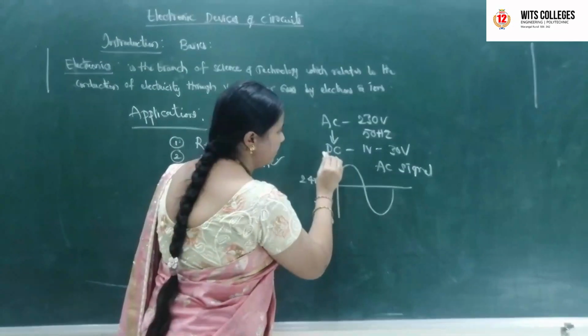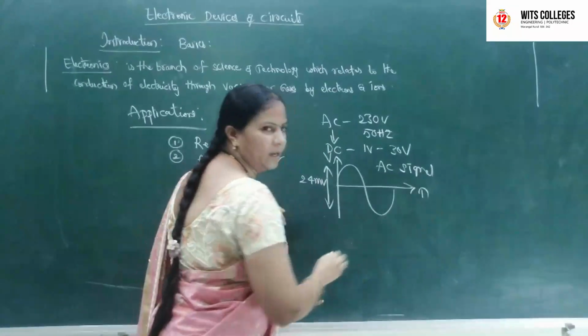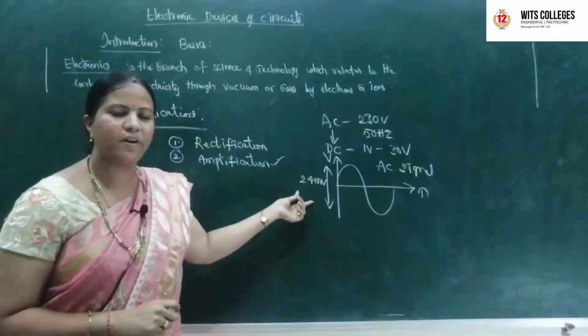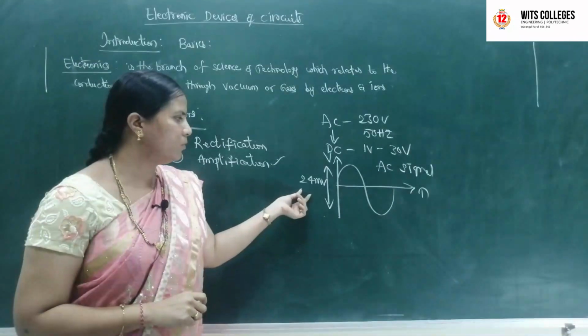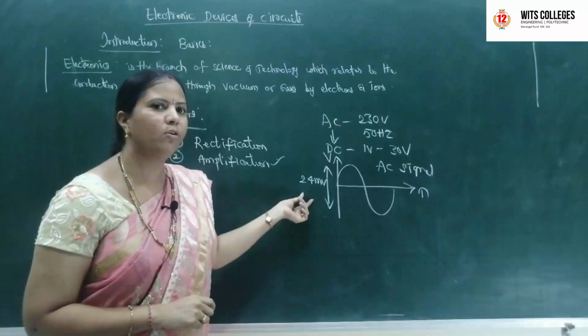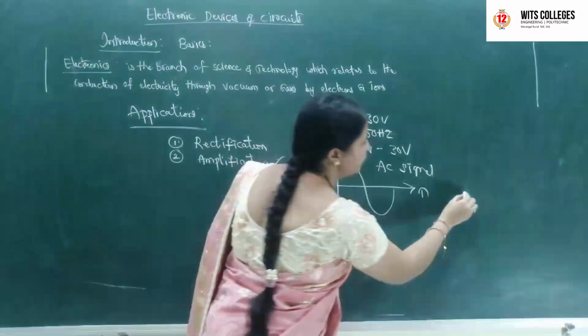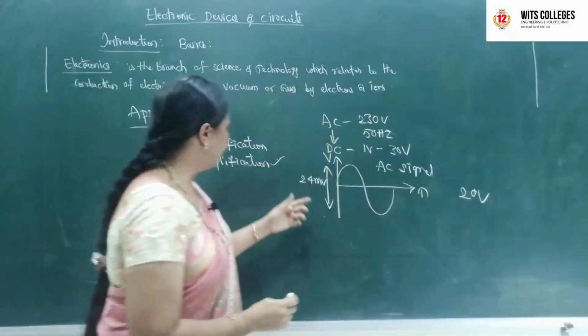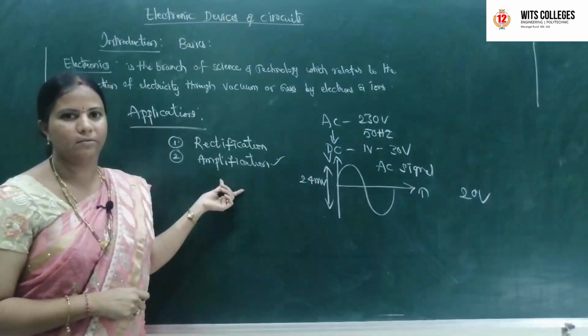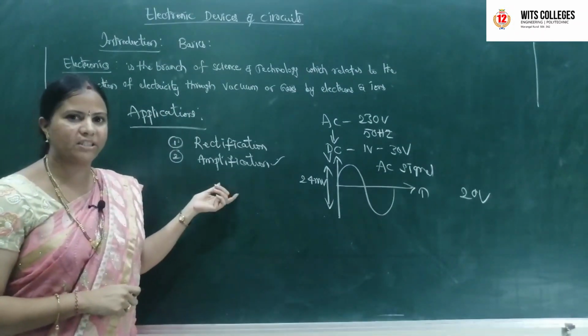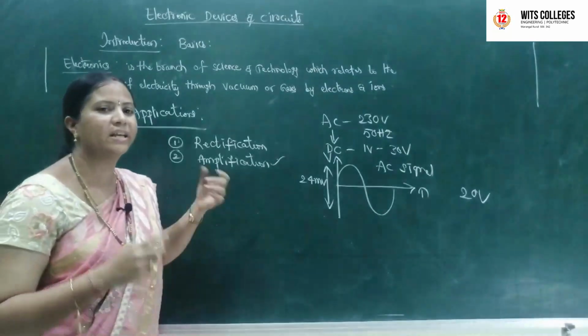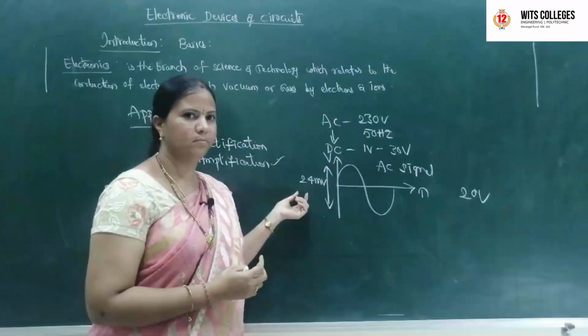Okay now. So to convert this very weak signal of 24 millivolts up to 20 volts, we have to amplify the signal. So understand, amplification is nothing but it is used to increase the strength of a weak signal.